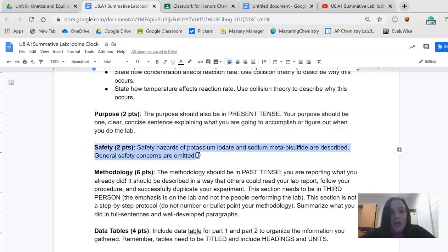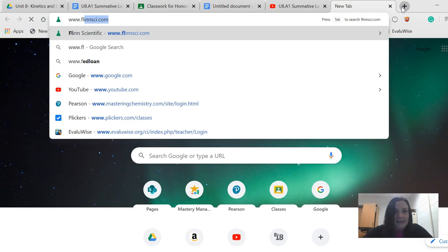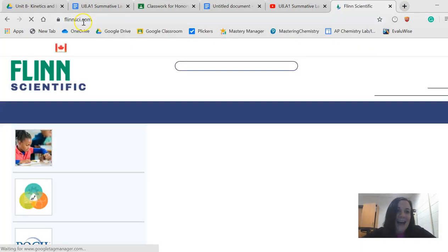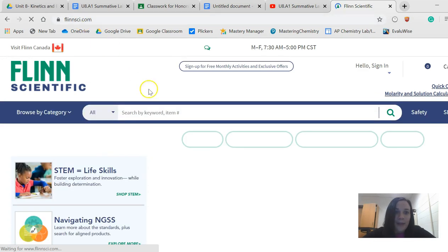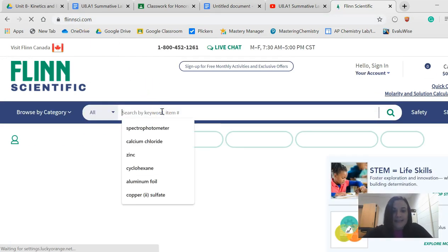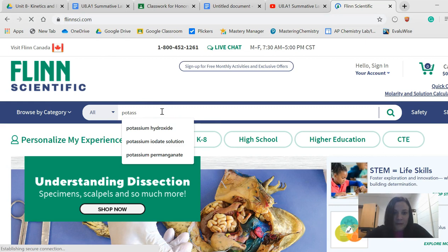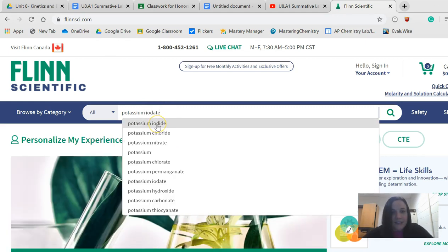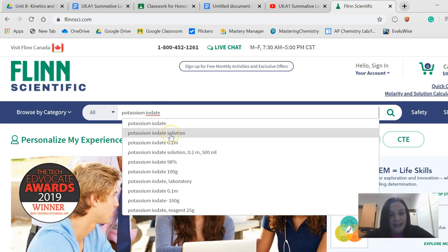Safety. You need to look up the safety of potassium iodate and sodium metabisulfite. The place that we do that is on Flynn Scientific. The website is flynnsci.com. The easiest way to look up safety is to search for it in the search bar. If you were to click on potassium iodate, the first thing that's going to come up is for you to purchase it.